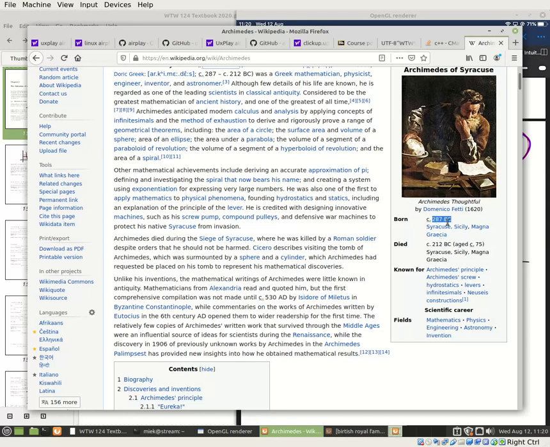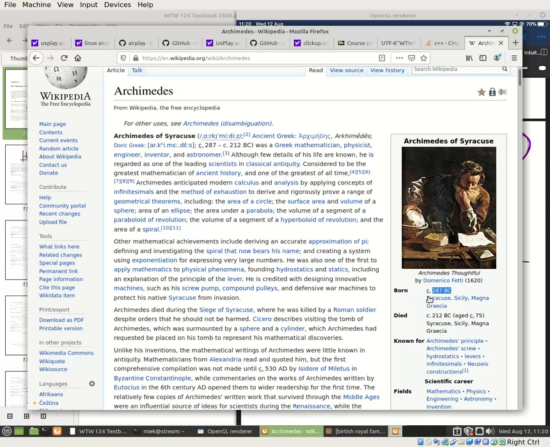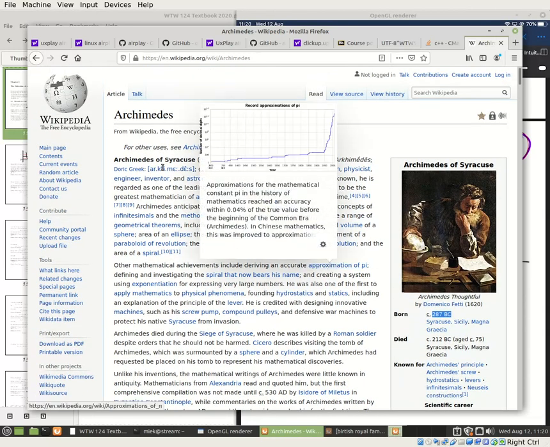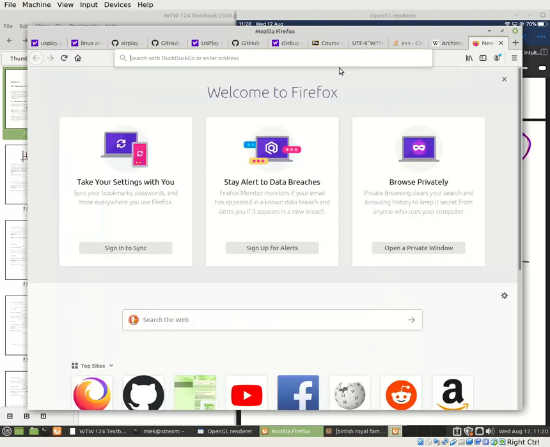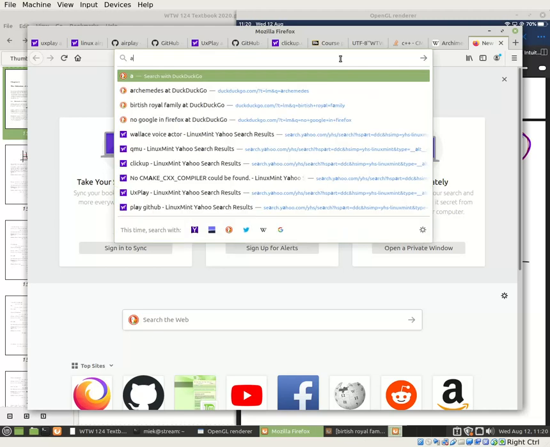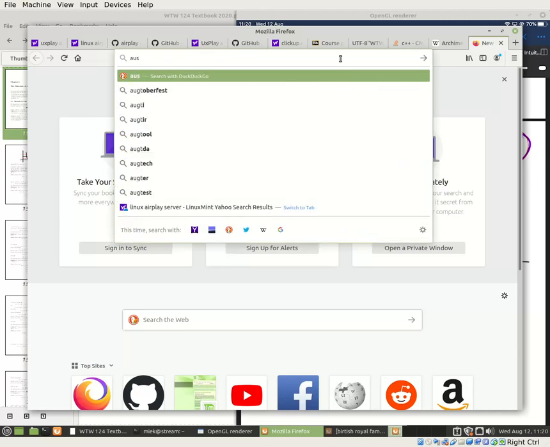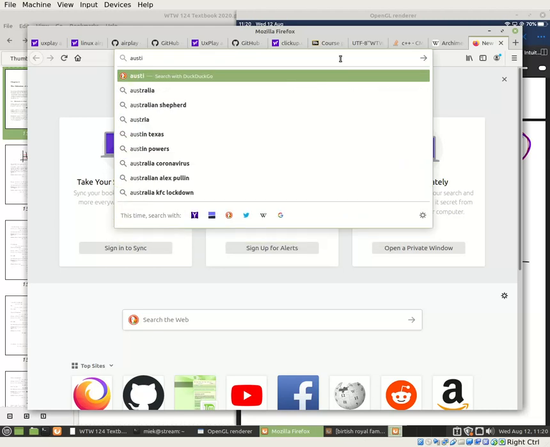He was born about 300 years before Christ in Syracuse in Sicily, which is part of Italy these days. So Archimedes was one of the first people to ever touch on limits. And formal limits were first defined by people around the time when Augustin Cauchy lived.